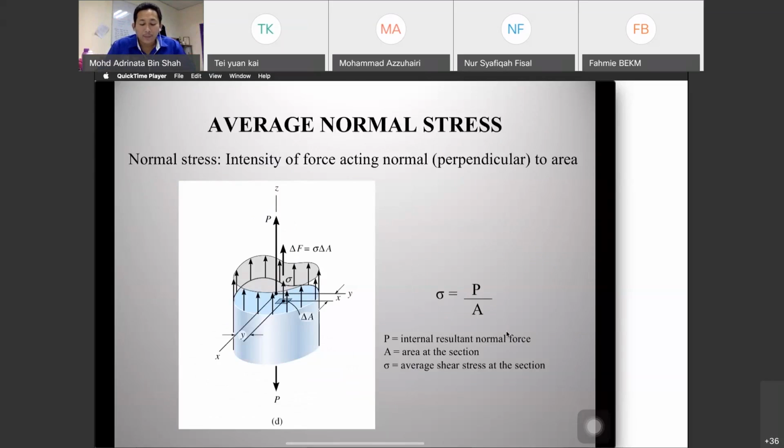Normal stress is the intensity of force acting normal to, okay, so normal to area. In the figure, it shows that we have force, okay, we have force and we have the area. So this is the area, okay. So force and area. So dapatlah kita punya sigma ataupun normal stress.